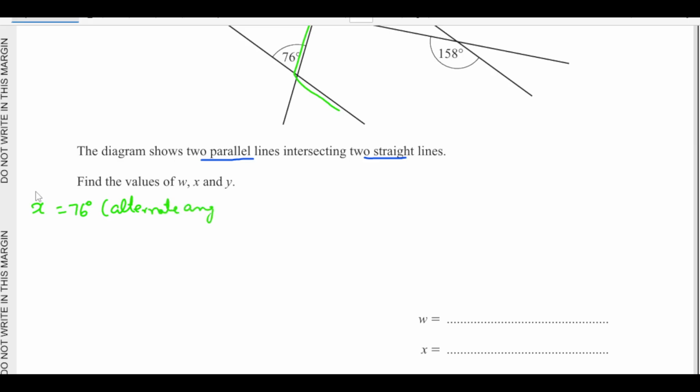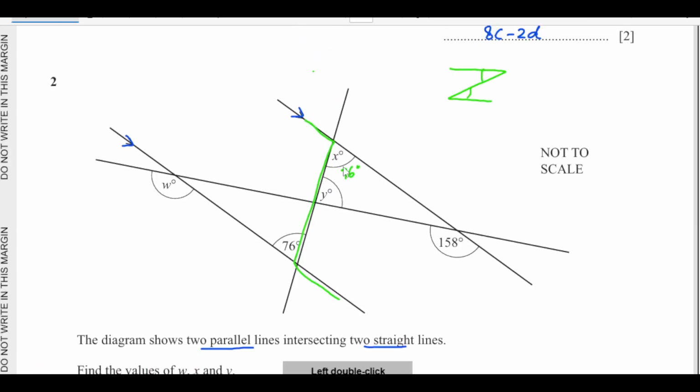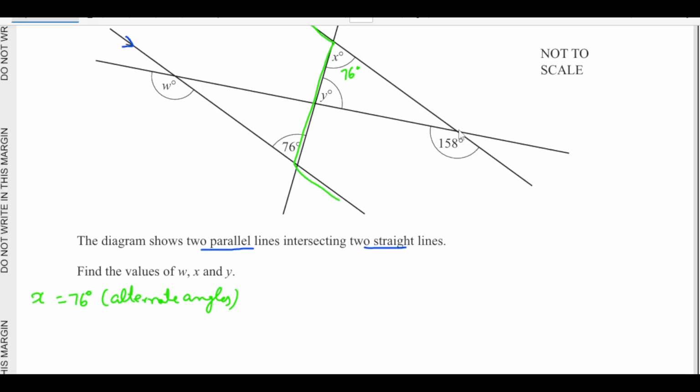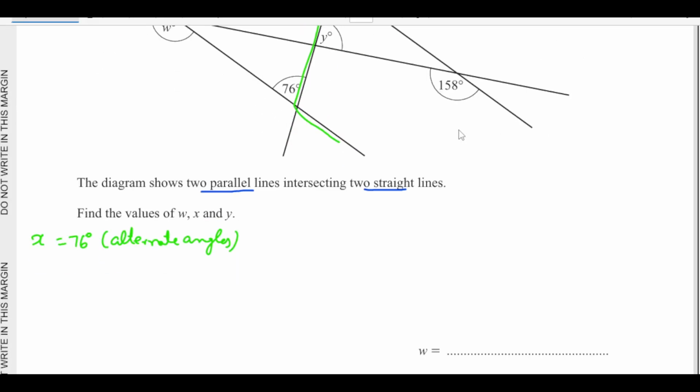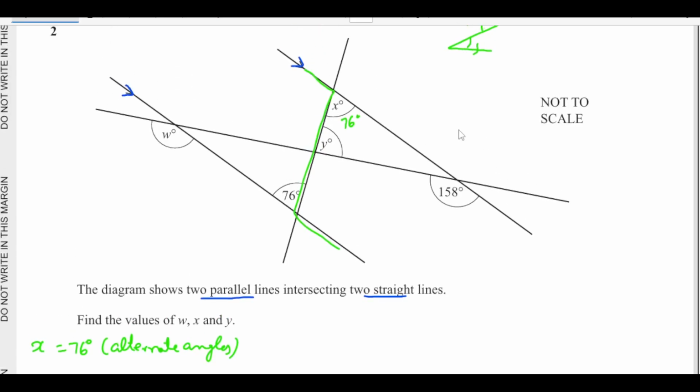Make sure that the lines are parallel wherever you are looking for the angle. These lines are parallel here. Next, we can find y first.